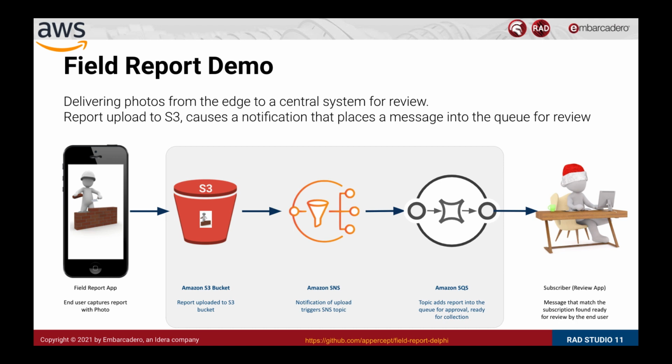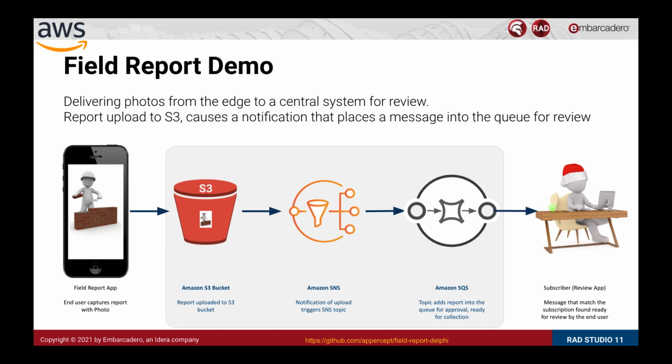Now, as I said earlier, we could have skipped the SNS here and gone straight to a queue, but SNS is a great way, and this is a simple example here, where SNS could be used to allow a lot more integrations to happen.